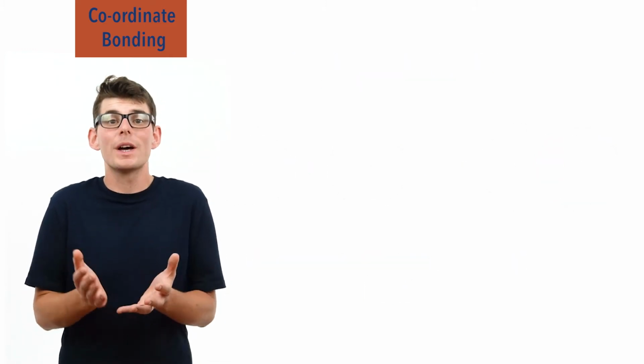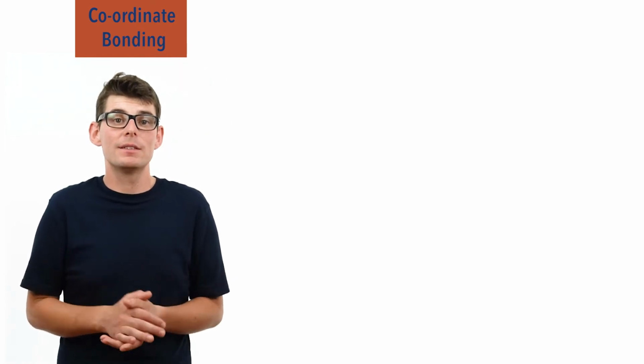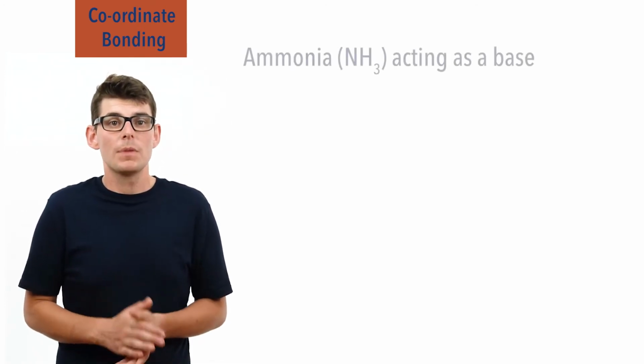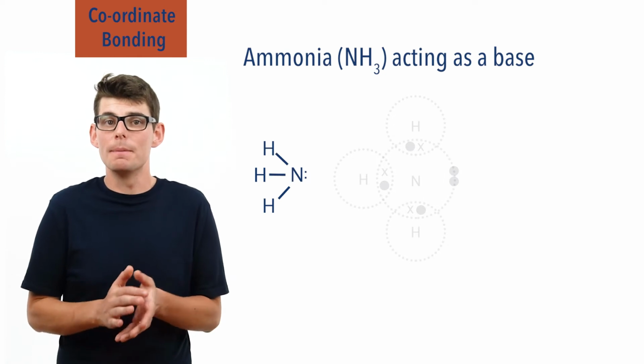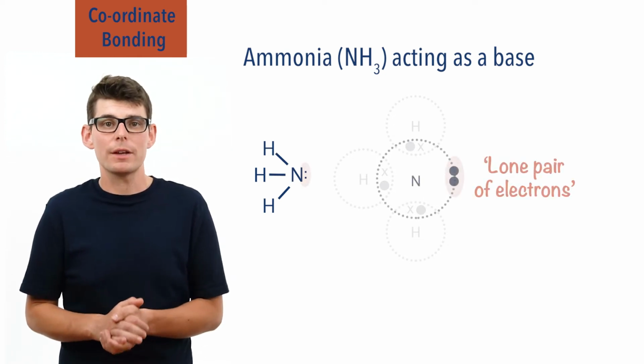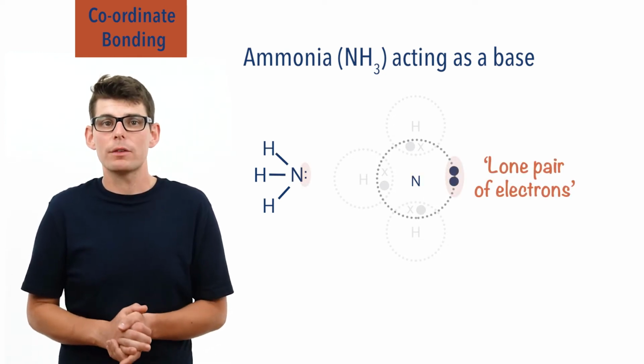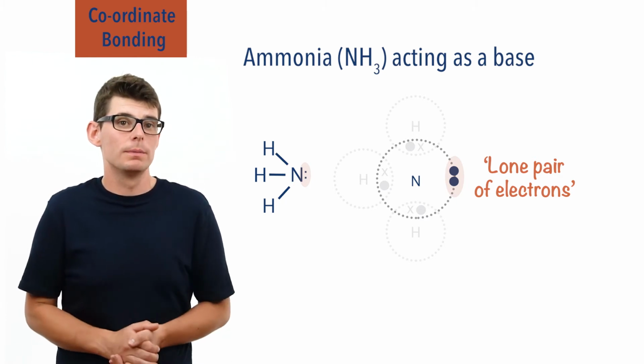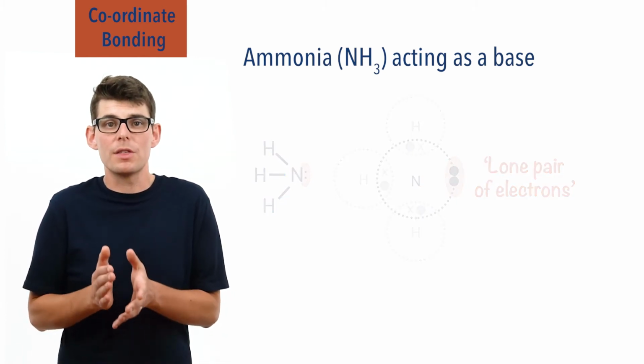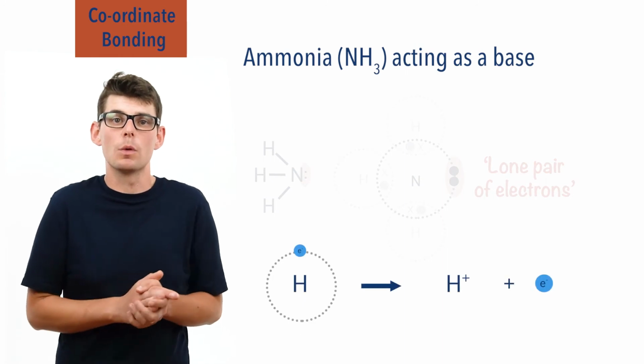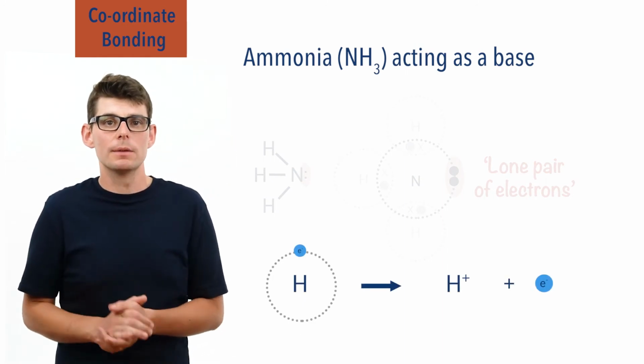We can see this quite clearly by looking at the action of bases, such as ammonia. Ammonia has a nitrogen atom in the middle of the molecule with a lone pair of electrons. The lone pair of electrons is obviously a full orbital. A hydrogen ion is formed from the loss of an electron from the 1s orbital of a hydrogen atom.